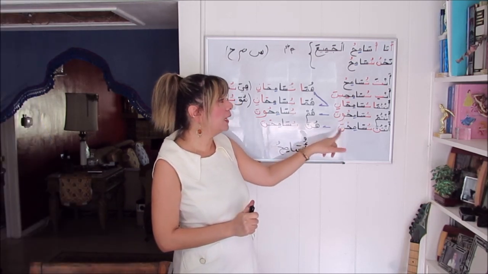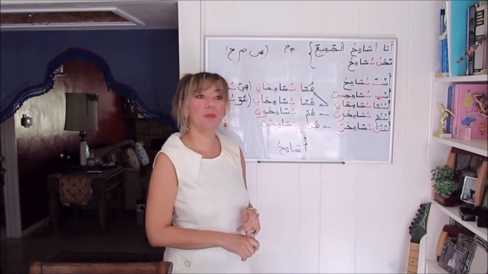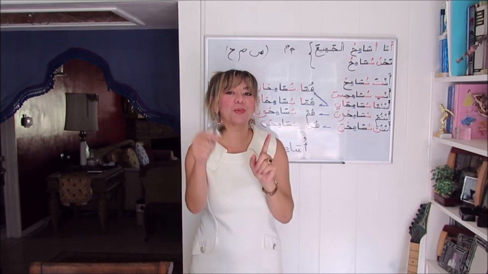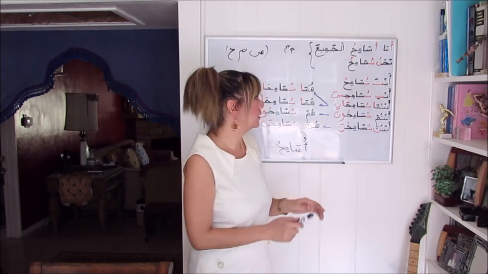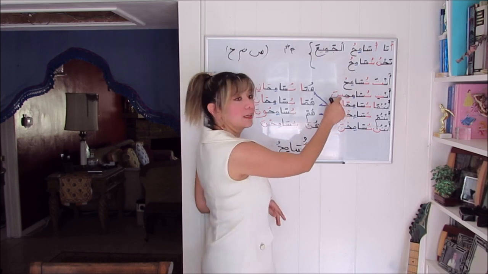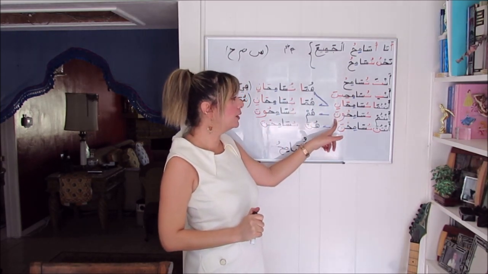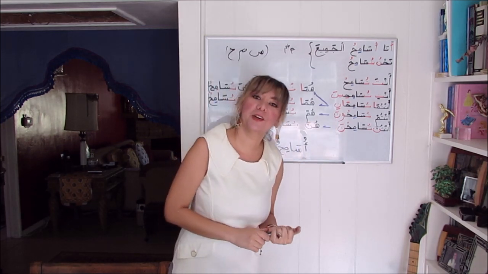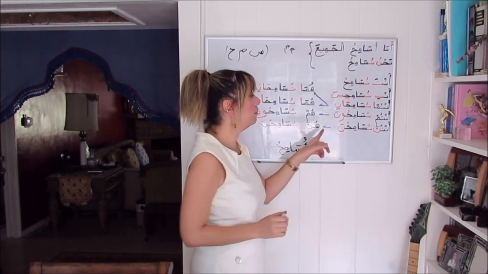And the waw here is the subject of tusamihuna. And the waw has to be preceded by a dhamma. So we have dhamma, waw, fatha, alif, kasra, ya. And the noon is the indicator or the marker of the nominative case.